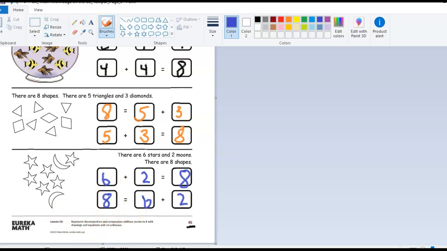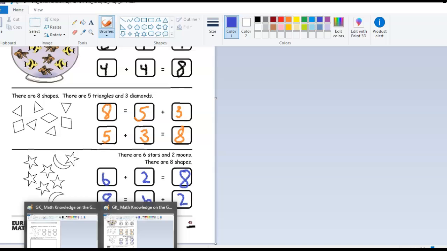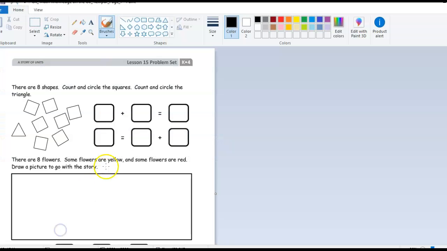Now we are going to move on to your homework. Let me get the colors. Let's go with green. So this is what you're going to do all by yourself. I'll read the directions. There are 8 shapes. Count and circle the squares.